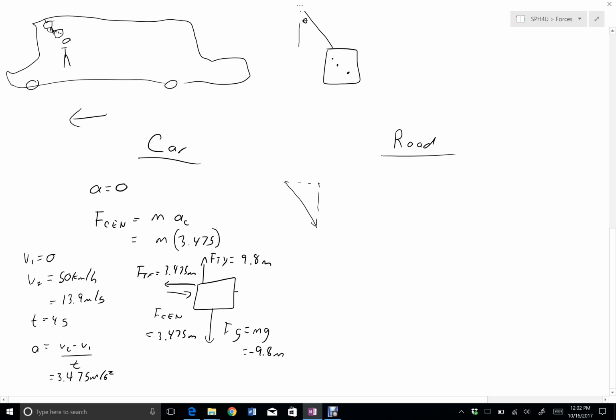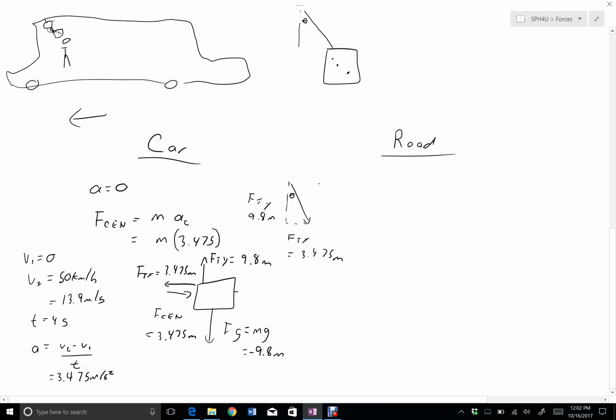So if I want that angle, well, I'm going to draw it the other way because then I'll get the angle where I want it. Fty, which was 9.8 m, and Ftx, which was canceling the centrifugal or the fictitious force, 3.475 m.